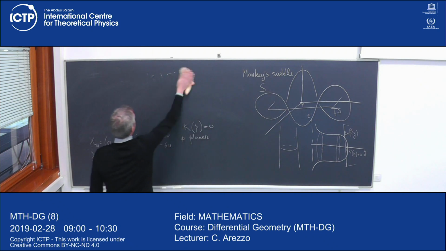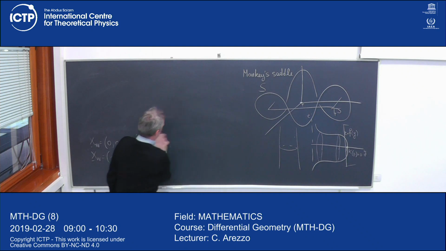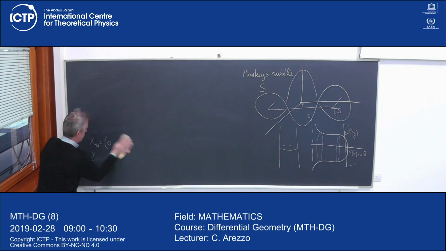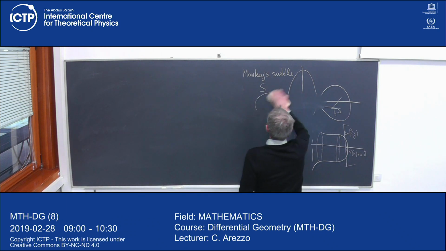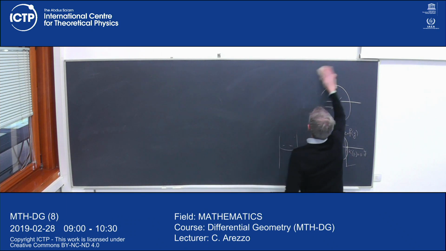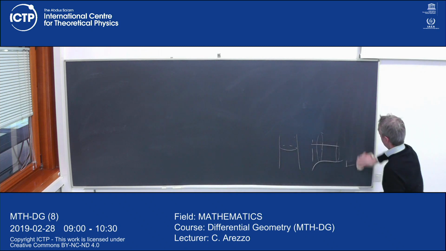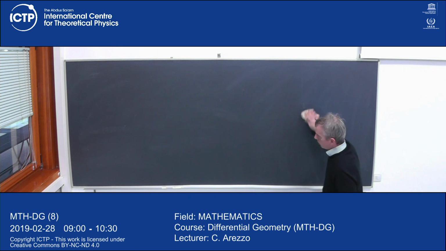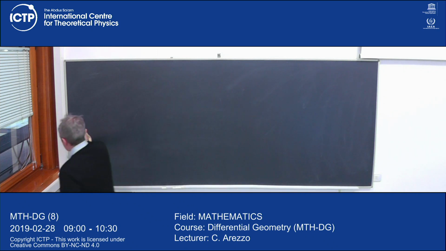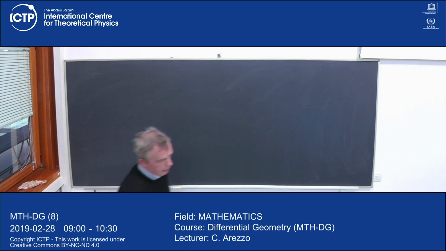So let's see if the distance squared measures something interesting again. So let's compute the Hessian of the distance square.